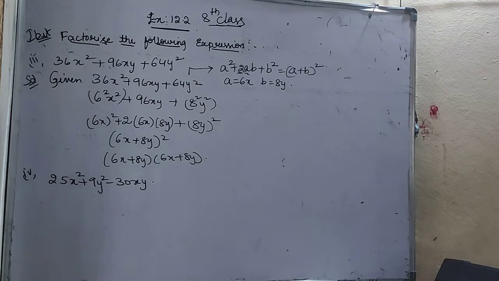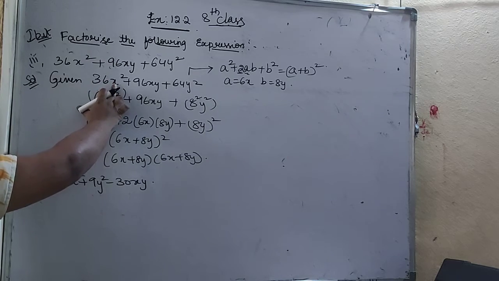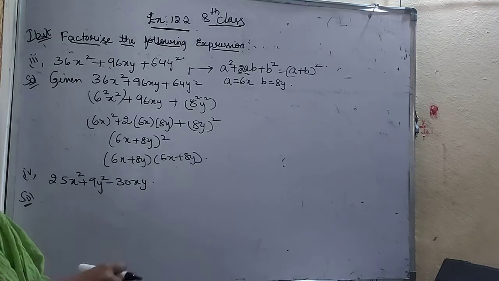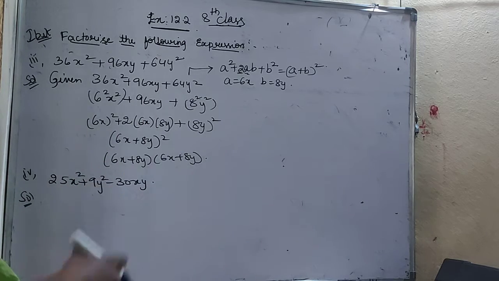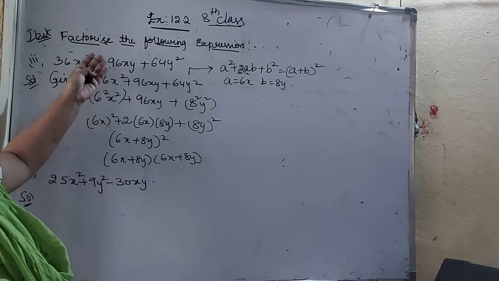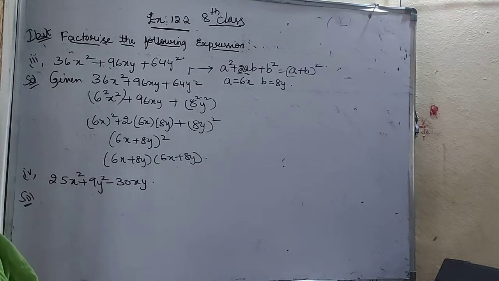First we have to rearrange these terms. Always we write x square in the first place and y square in the last place. So always a square value should lie first and last. No, it is not compulsory, but we are habituated. So I am rearranging the terms here.